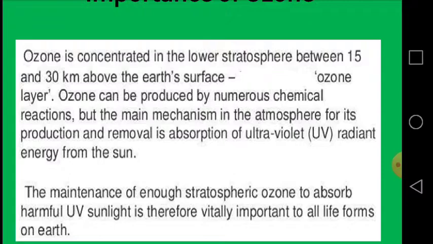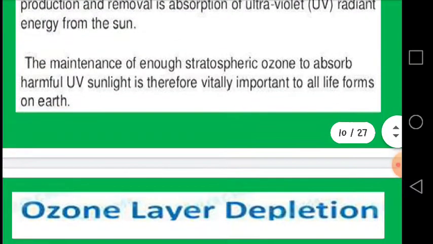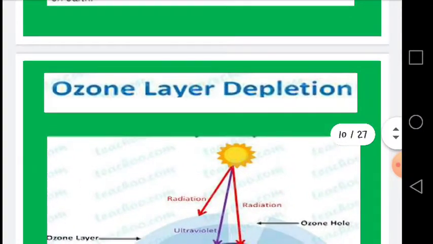The maintenance of enough stratospheric ozone to absorb harmful ultraviolet sunlight is therefore vitally important for all life forms on the earth's surface. So this is very important, that we maintain the ozone stratospheric layer, because it is very beneficial for all the life present on the earth's surface.